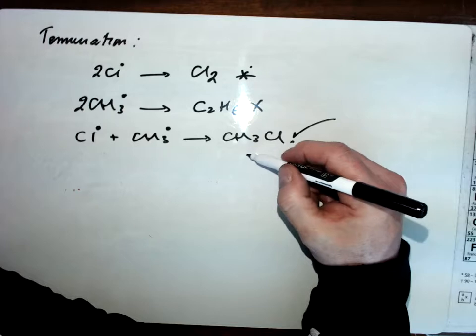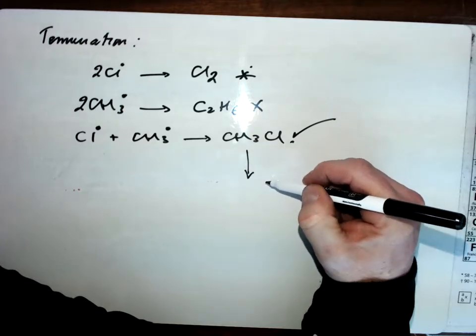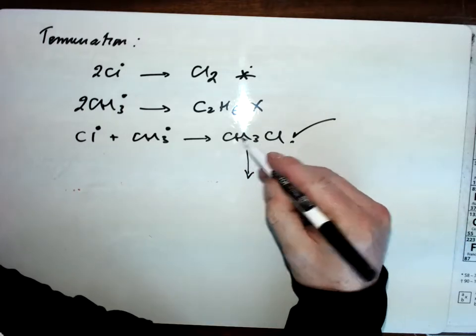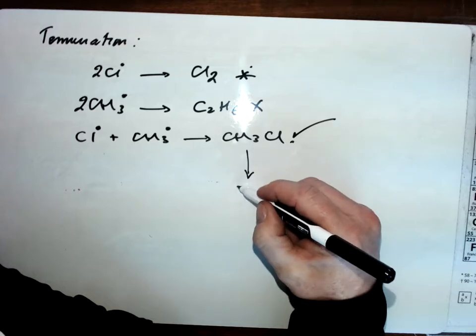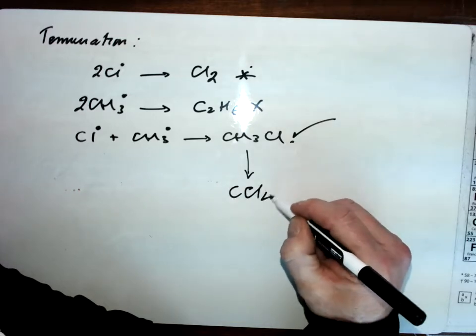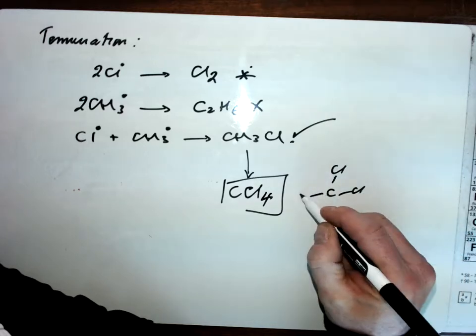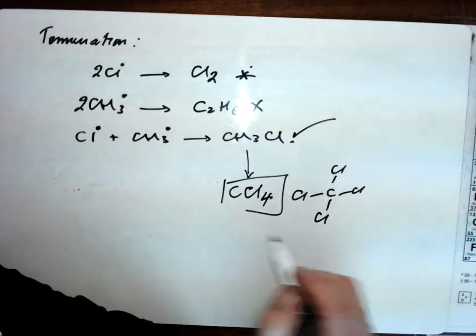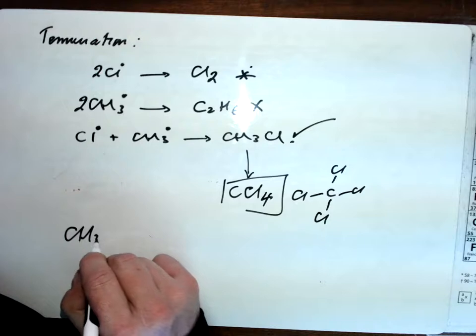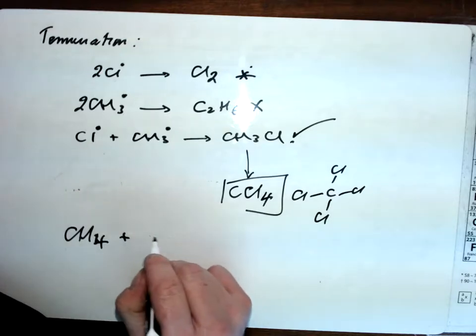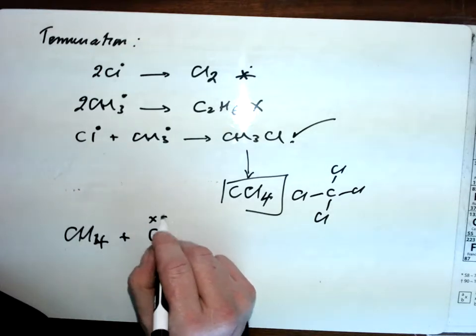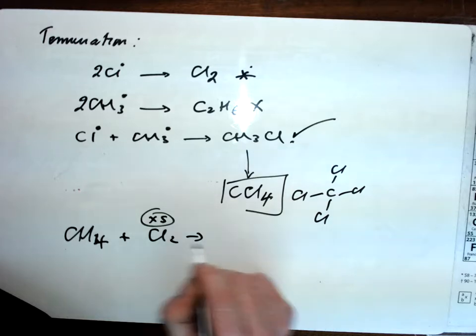Sometimes they ask you, what would you do with your mix of reactants if you wanted to not just chlorinate one, not just substitute one hydrogen, but maybe you wanted to get rid of all four hydrogens and go for CCl4. Well, in that case, you just add at the start of the reaction, instead of just adding a little bit of chlorine, an excess, lots and lots of chlorine.